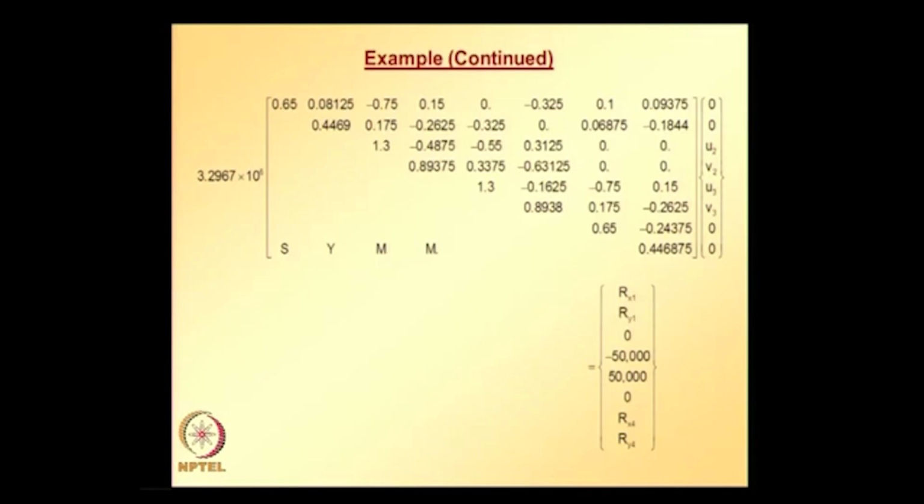Please note that node 1 and node 4 are fixed. So, displacement in x direction, displacement in y direction at these locations, that is at node 1 and node 4, are 0, and also note that wherever displacements are specified as 0, at those locations unknown reactions are going to be there that we need to calculate.